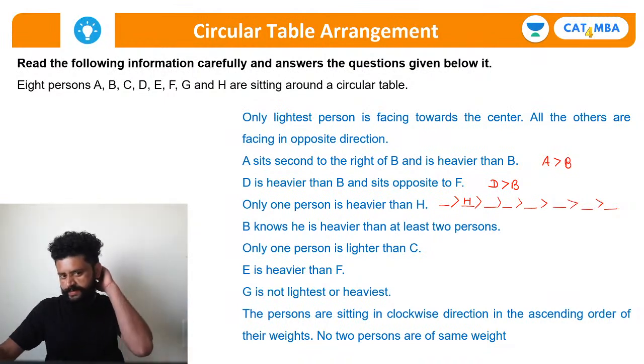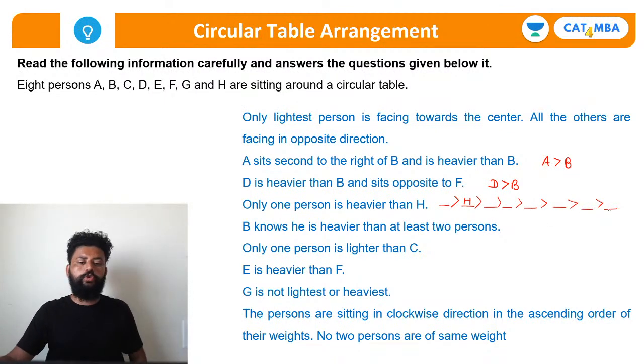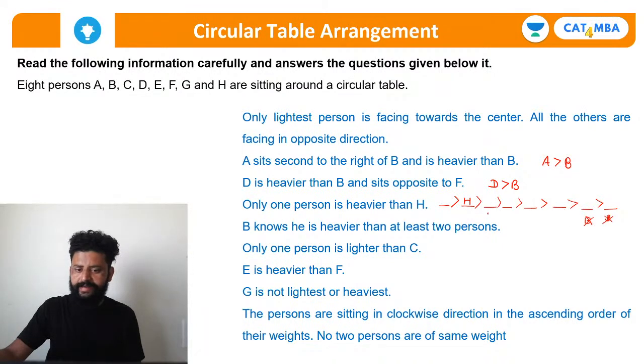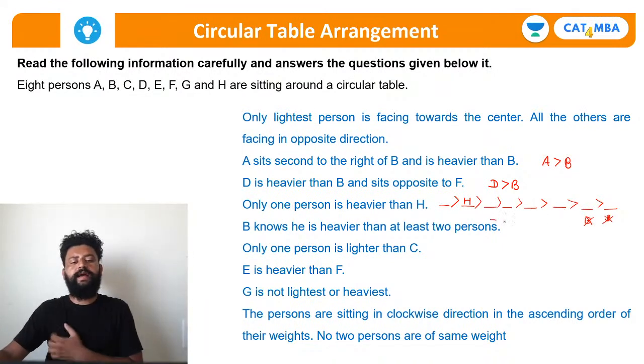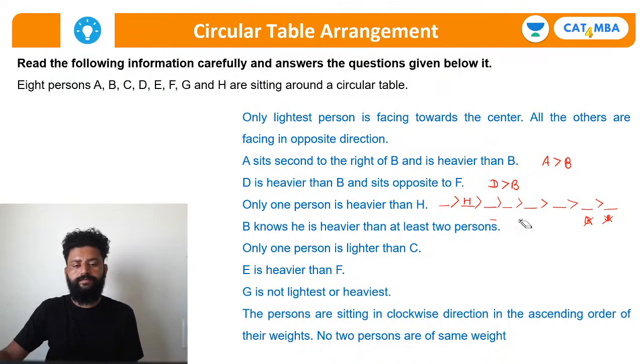Means B cannot be the lightest, B cannot be the second lightest, so B can be somewhere here. There are many possibilities for B, but look at this.